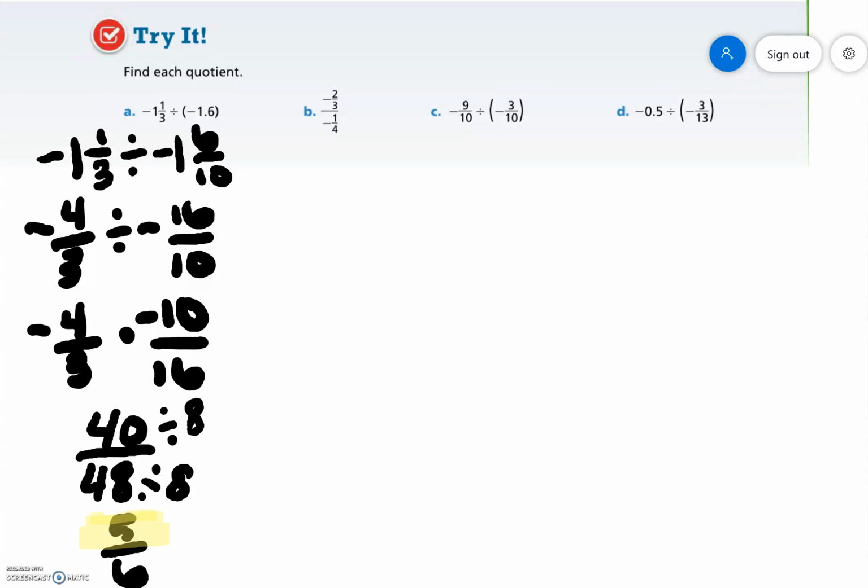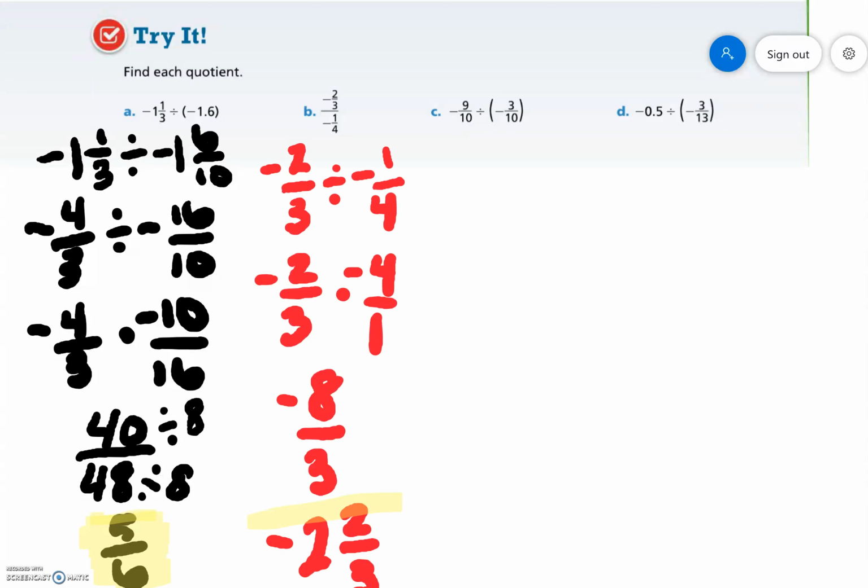The answer to A is 5/6. If you did not get that answer, follow along my work. You want to change both to fractions, then to improper fractions, stay, change, flip, multiply straight across, and reduce. Your answer to letter B is negative 2 2/3.